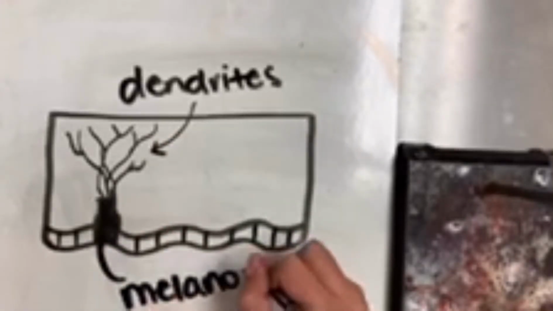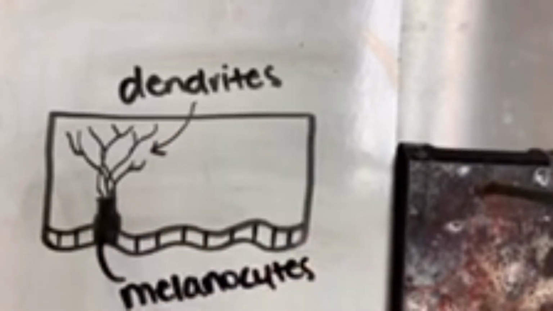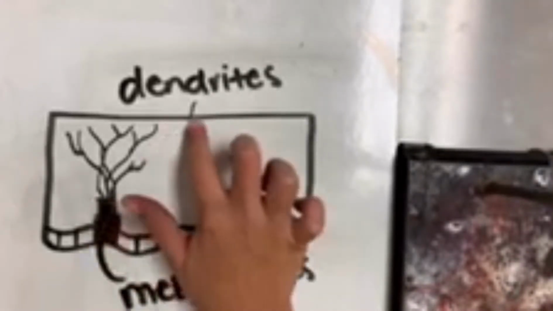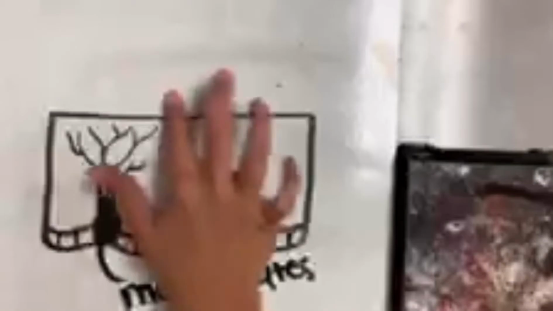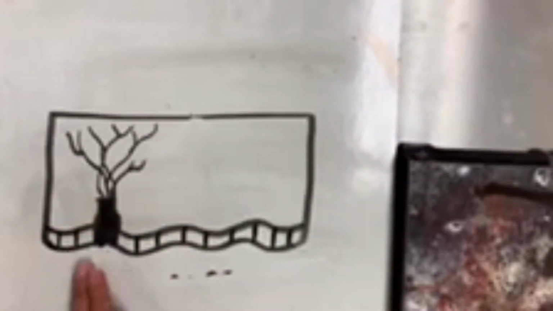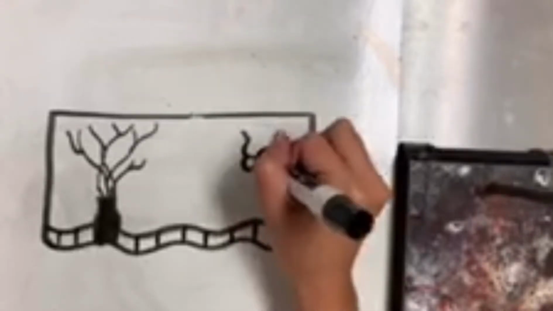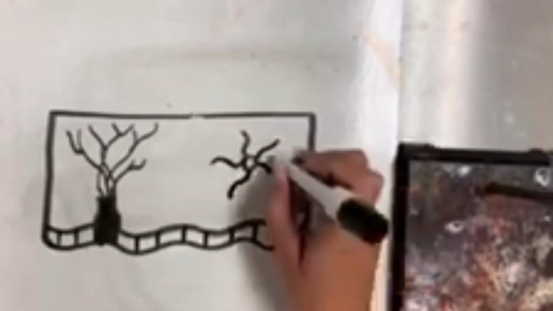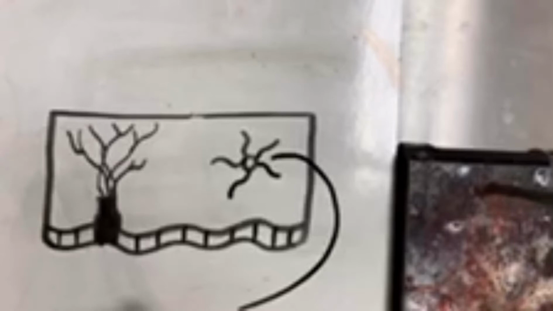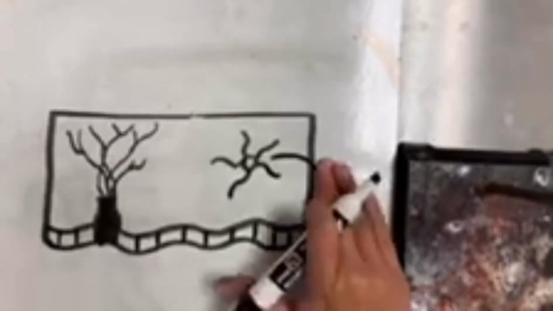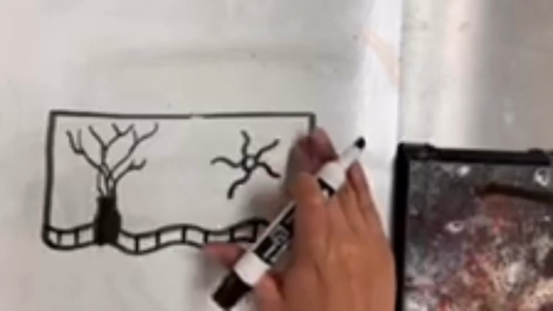These are the melanocytes. They are found in the stratum basale layer. They produce melanin through the tree-like structures called dendrites. Next, we have the Langerhans cells. These crawl through the skin and ingest any unwanted invaders.